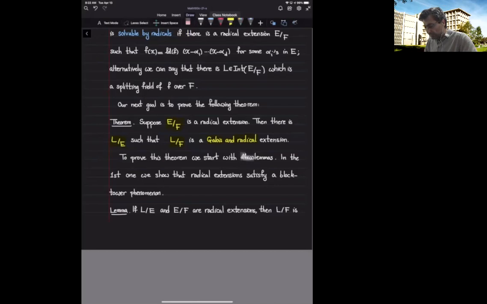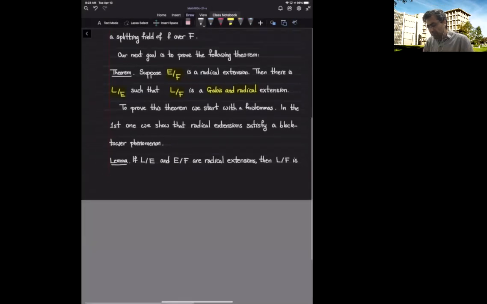A few of them just give us a better understanding of radical extensions. Then one of them is going to give us a better understanding of Galois extensions. And then we can combine them together in order to get a Galois radical extension.